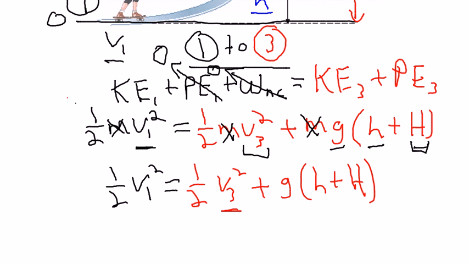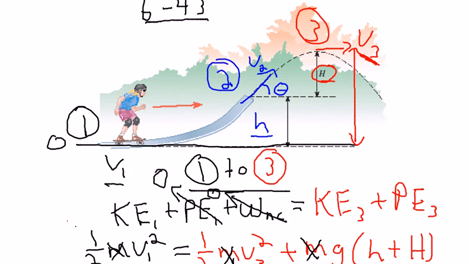So if we think about what's going on in our problem, we know that during this portion of the journey, the parabolic, projectile motion, we have an object in free fall, the girl that is just experiencing gravity only.